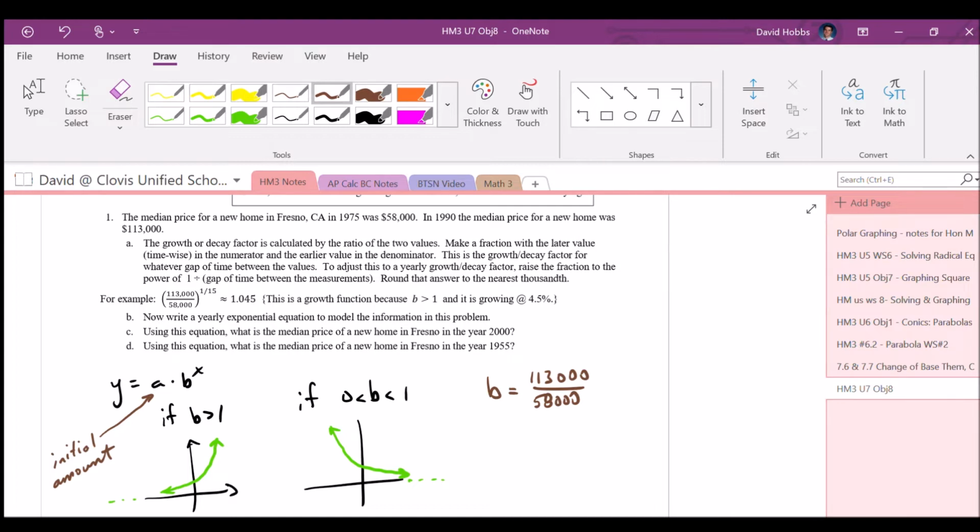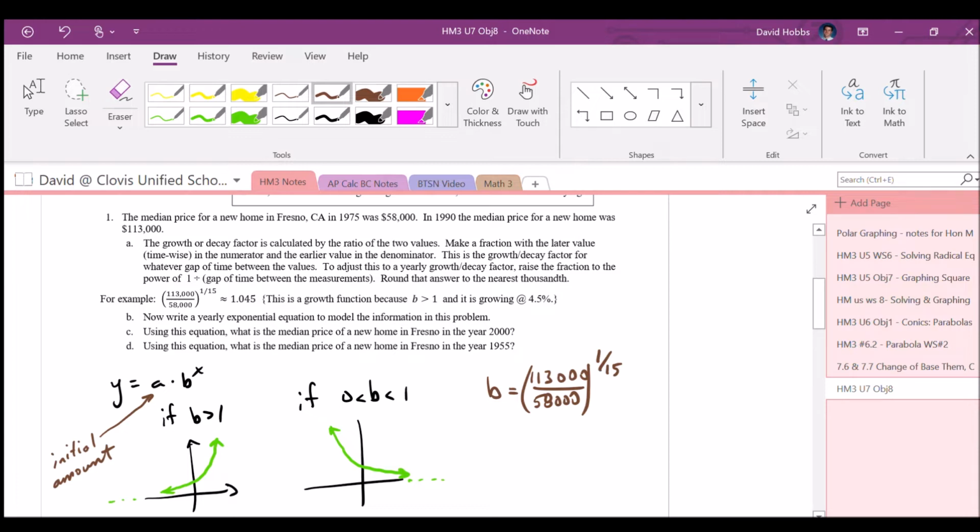Then we want to adjust it, because right now that's a 15-year gap of time, and we want to write our equations as a yearly exponential function. So we raise this ratio to the 1 over gap of time. Since the time was from 1975 to 1990, that's a 15-year gap, so we raise it to the 1 over 15 power.